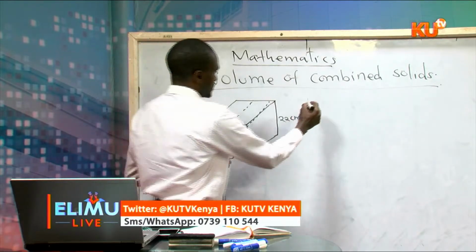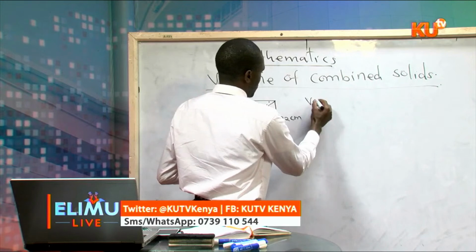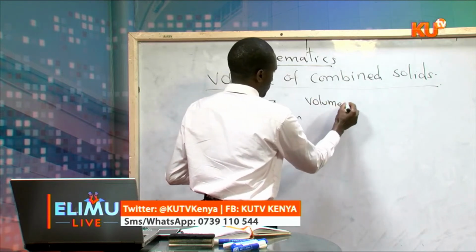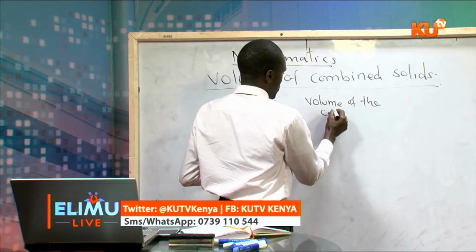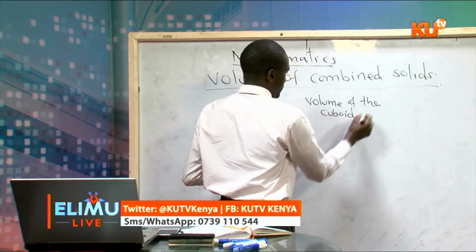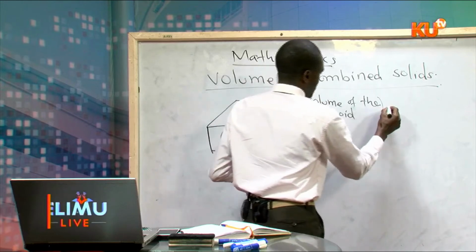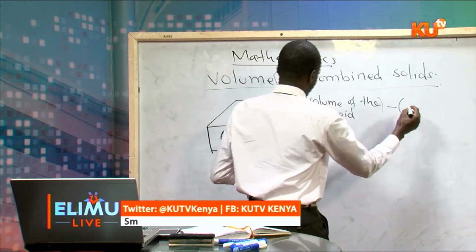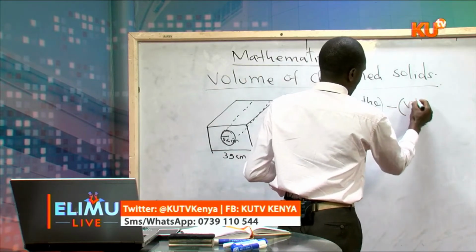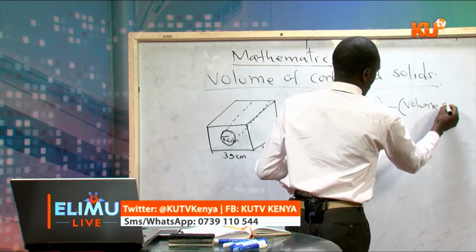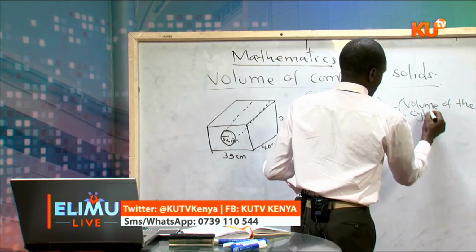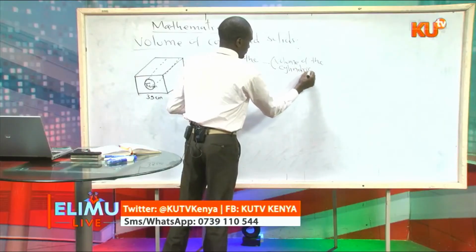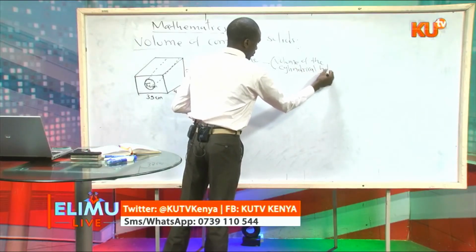Now, how do you get the volume of this figure? Here we say volume of the cuboid take away volume of the cylindrical hole.